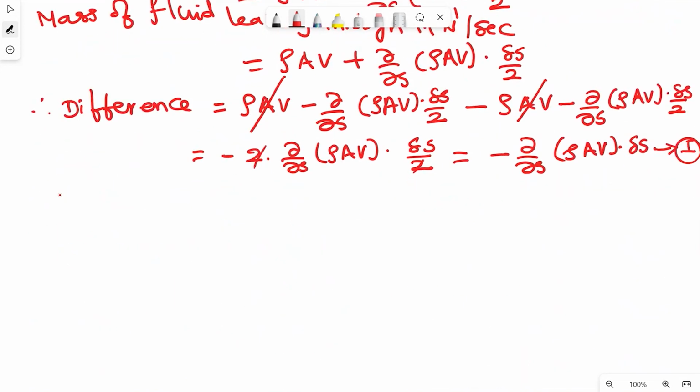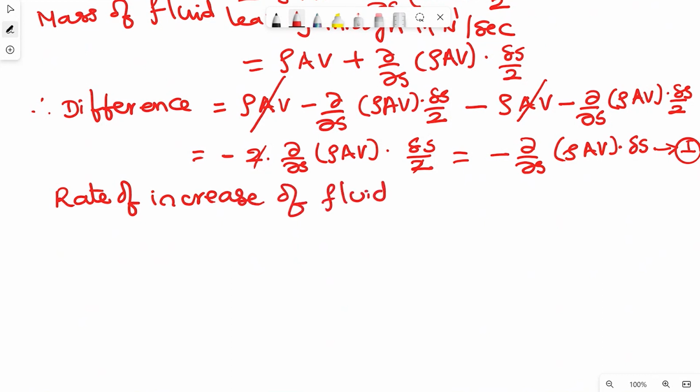Now, the rate of increase of fluid mass is equal to this, which we have to calculate.